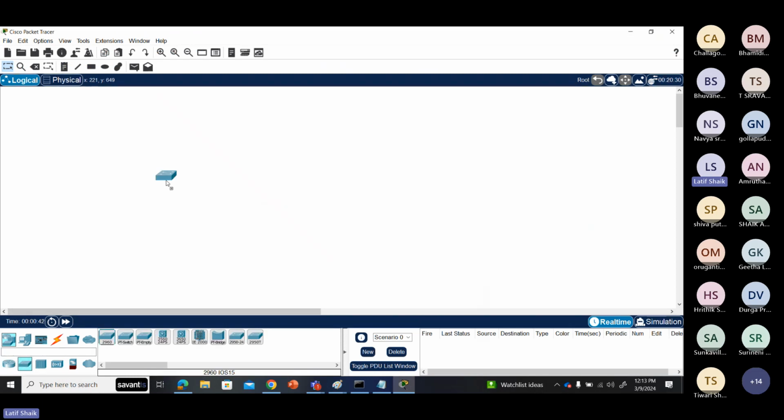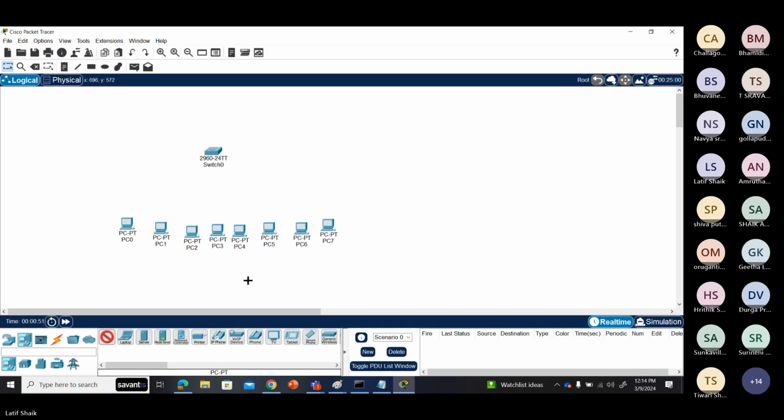First of all, I am taking a small normal laptop, and I need some computers. Then we need to connect them.